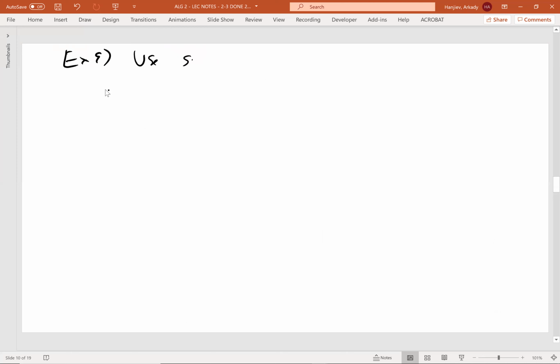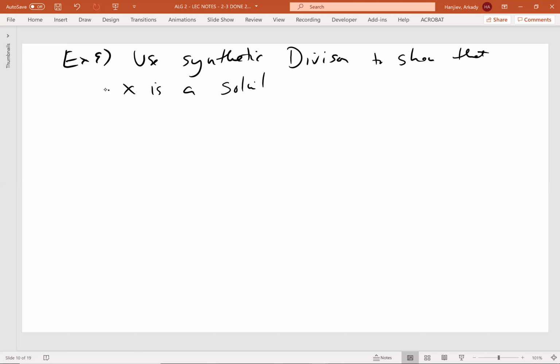It actually even tells us, use synthetic division to show that x is a solution to the third degree polynomial equation.